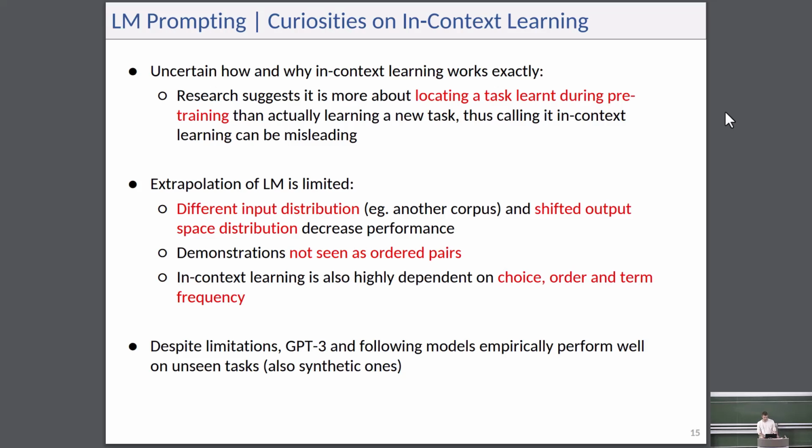It seems like demonstrations are not seen by the model as ordered pairs. If we provide an input and the output, there's not a lot of logical connection like, oh, this is connected to that, but rather everything's taken as terms in order to locate the task within the vast knowledge.